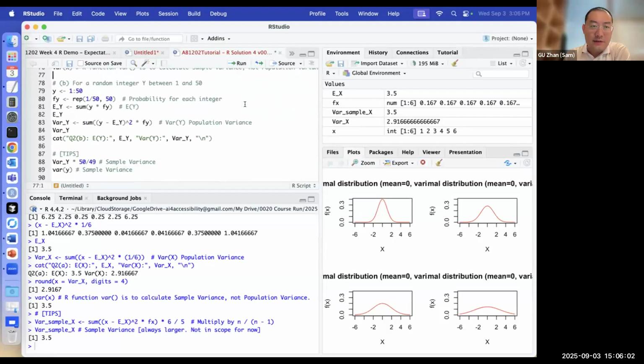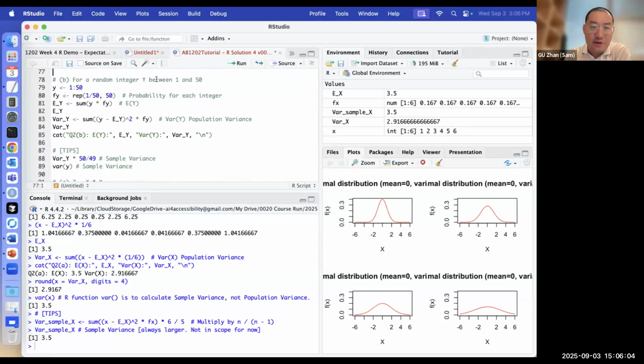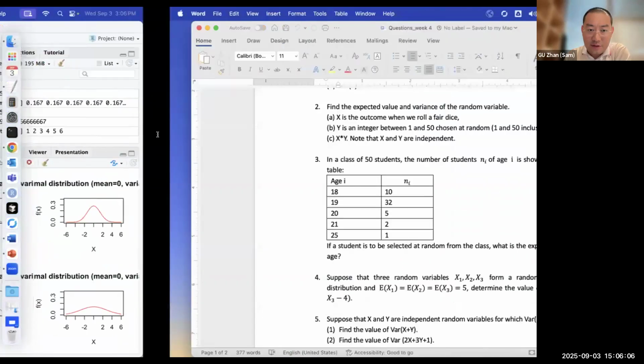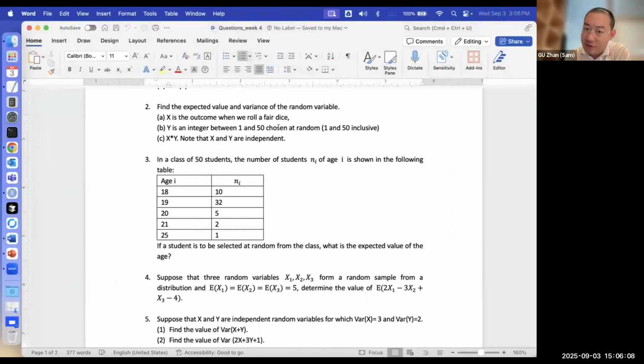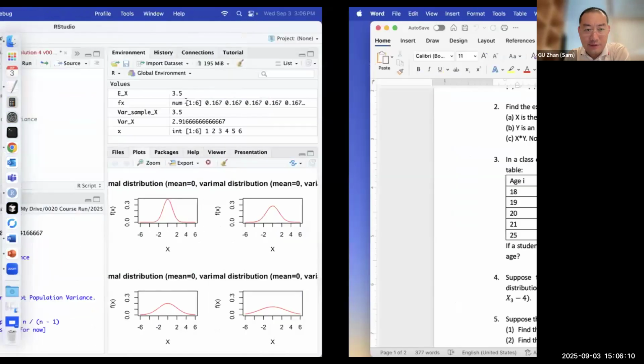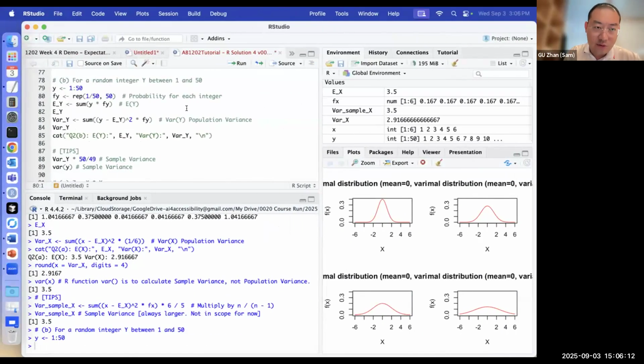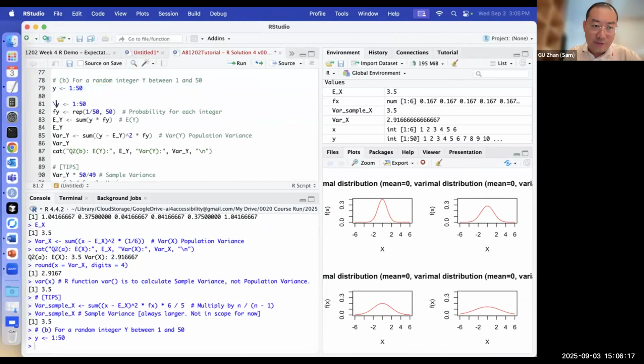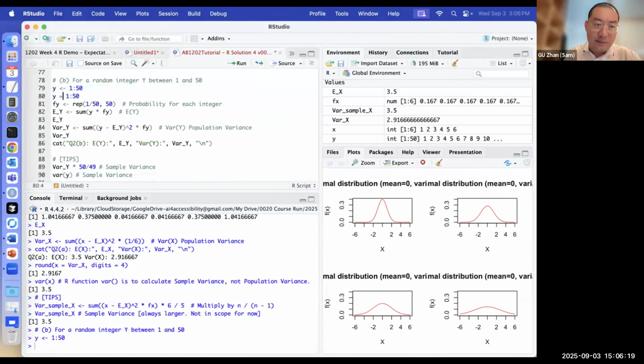For the second one, a random integer y between 1 and 50. So y is an integer between 1 to 50 chosen at random, 1 and 50 inclusive. You can write y as 1 to 50, or you can use equals to assign the right-hand side to the left-hand side. So I just c 1 to 50.